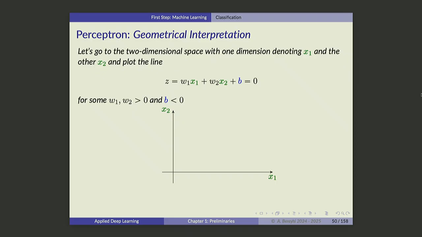Now, what's going to happen if I look at one point here? If I have 1 point here, this one has x1 and x2, right? What's going to happen if I put this x1 and x2 inside this equation? It's not going to be 0 because this is not on the line. But what's going to be its sign?